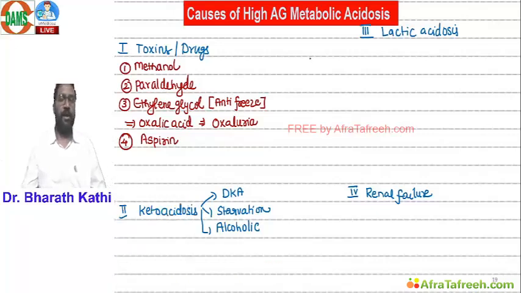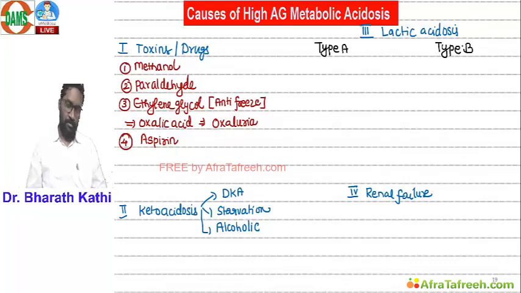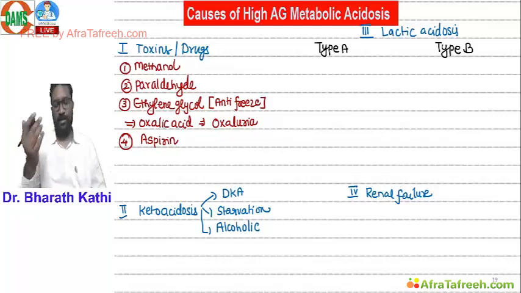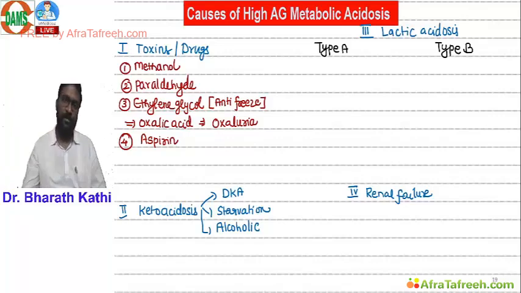Then lactic acidosis, it is classified further into two. The usual lactic acidosis type A, unusual type B. Type A lactic acidosis is the usual lactic acidosis. How lactic acidosis happens usually?